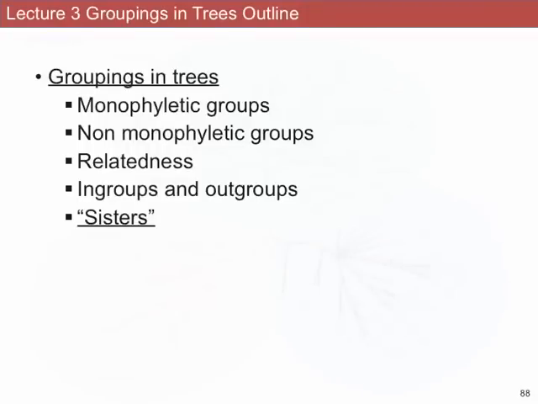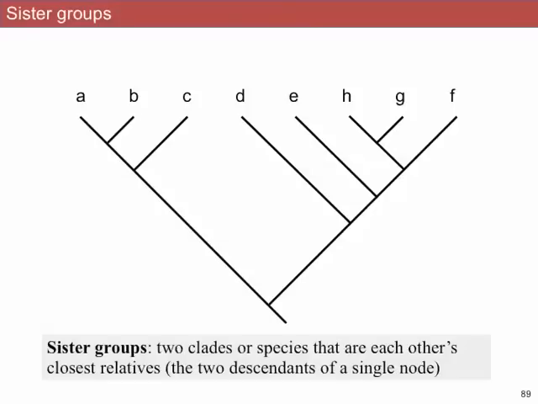Okay, so another term that is in essence the same in many ways as the relatedness term, but it's used slightly differently, is this sister term. So sister groups are any two clades, or a clade and a taxon, or two taxa.